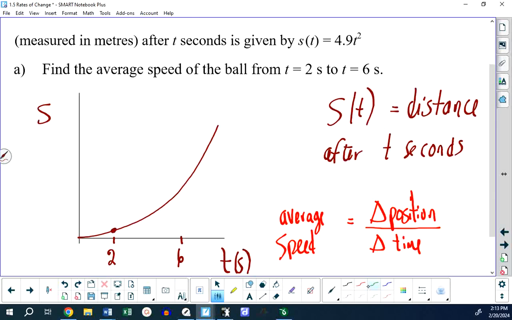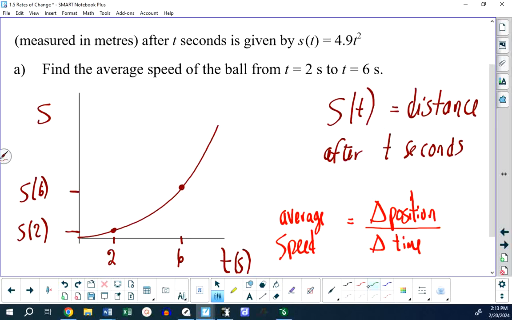When you are finding an average speed, using this red formula, which is a physics definition, you are going to subtract whatever this is, which will be s of 6, minus whatever this is, which will be s of 2, and that will be your change in position, your final position minus your initial position.